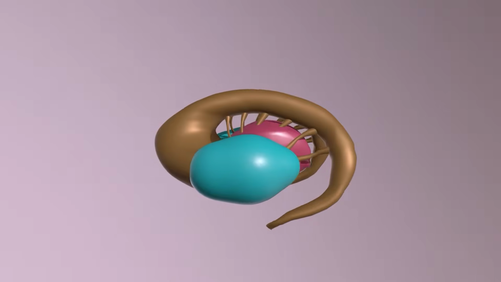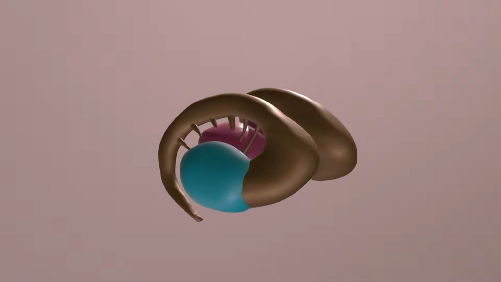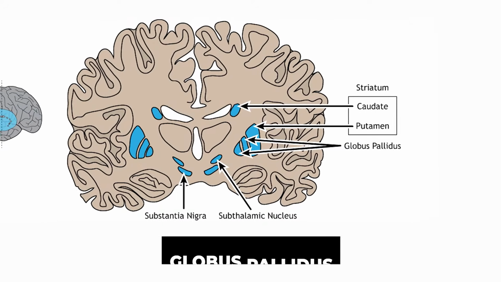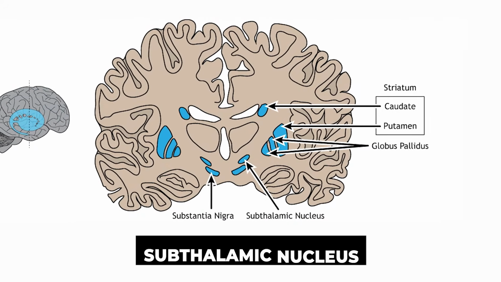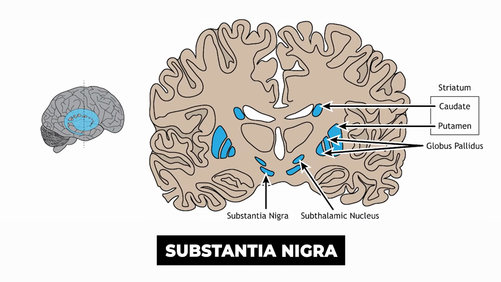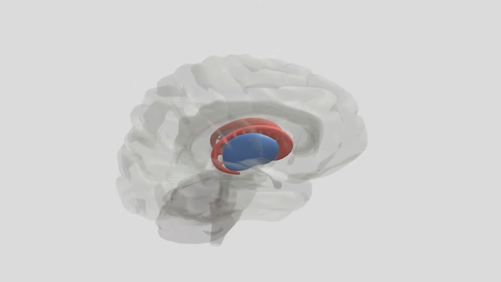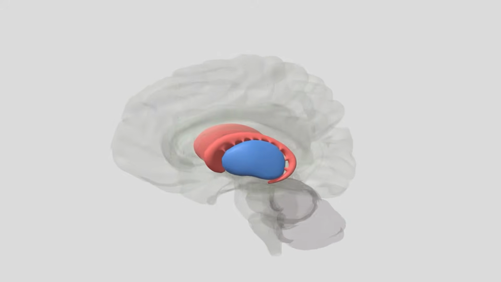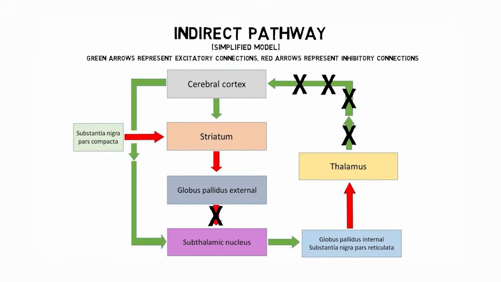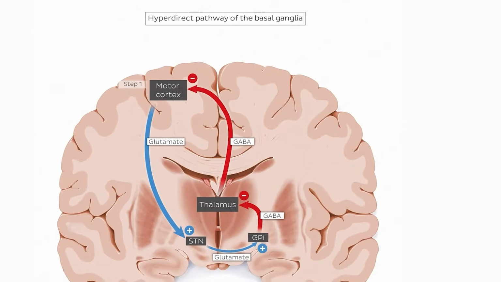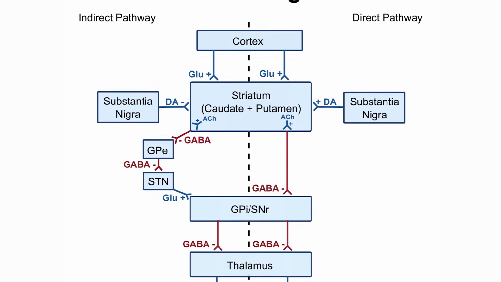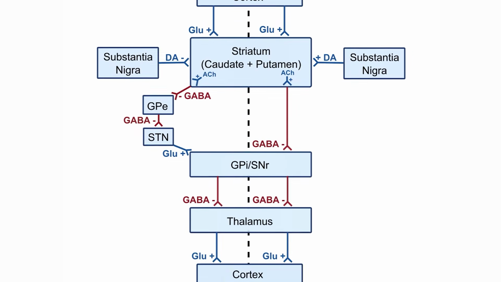The basal ganglia are composed of several interconnected nuclei, which includes striatum, globus pallidus, subthalamic nucleus, and substantia nigra. The basal ganglia have several pathways that process and relay information. Direct pathway, indirect pathway, hyperdirect pathway. Proper balance between these pathways is crucial for smooth motor control.